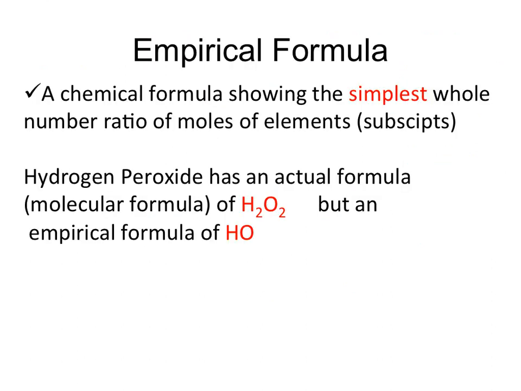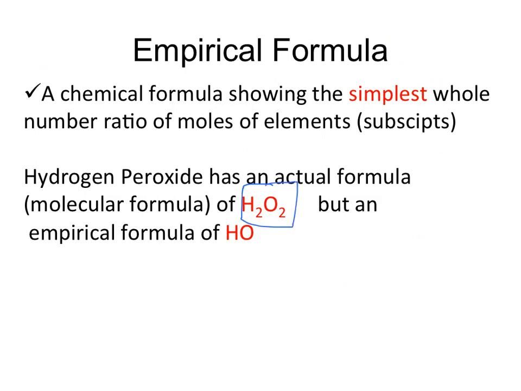An empirical formula is a chemical formula showing us the simplest whole number ratio of moles of elements, represented as the subscripts. If we take a look at the actual formula for hydrogen peroxide, actual formulas are called molecular formulas, you will see that it has a formula of H2O2.